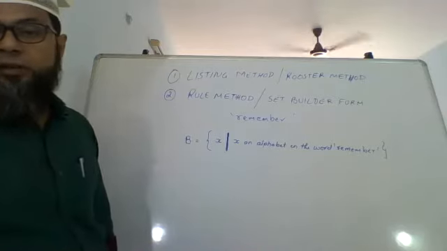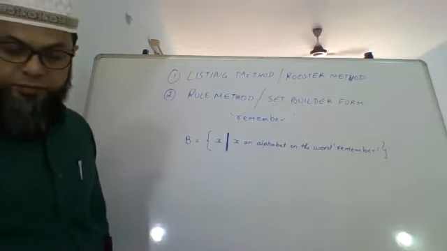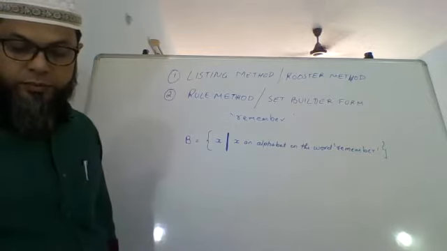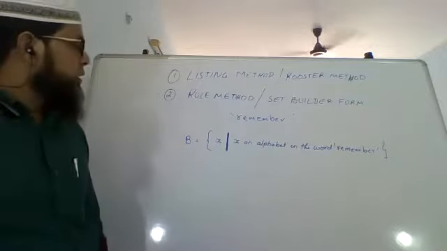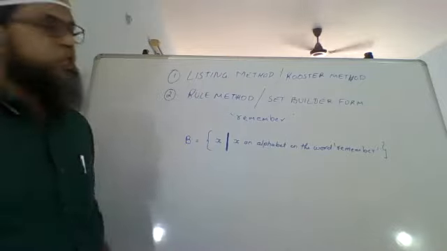X is an alphabet in the word. Is that clear? X is an alphabet in the word. Remember. Now this is for this.